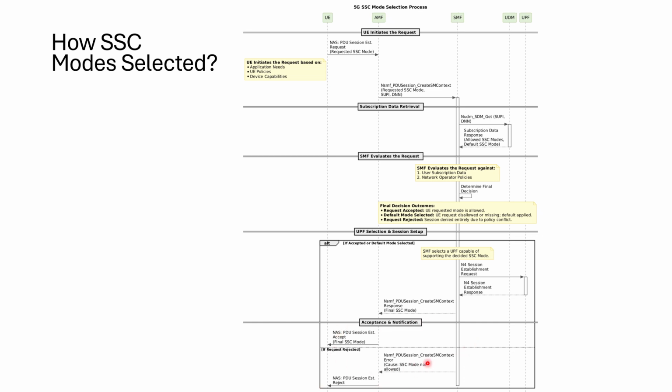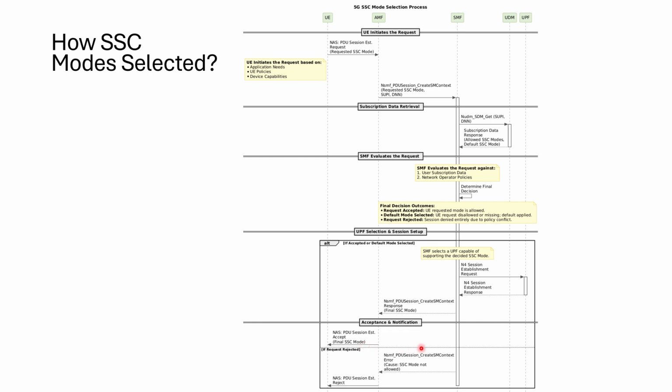Here finally the SMF notifies the UE of the result. It is going to send the N1N2 message to the AMF, which forwards the message to the UE, and this message contains the final selected SSC mode.